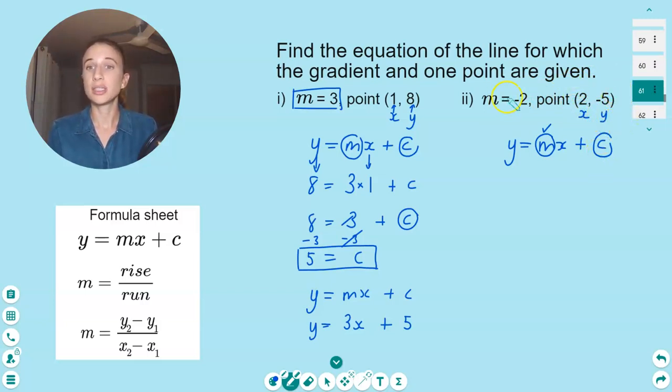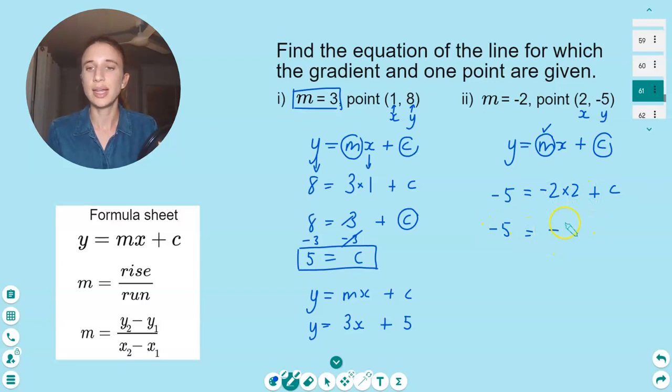So now let's substitute in these three bits of information. y is -5, m is -2, x is 2, and plus c.